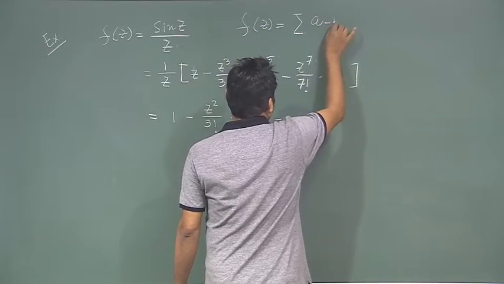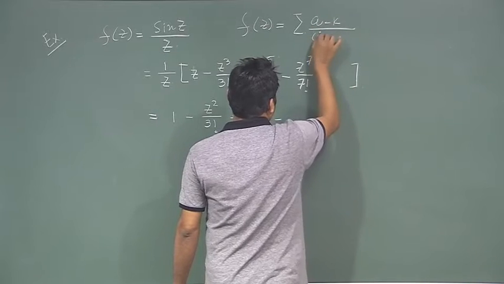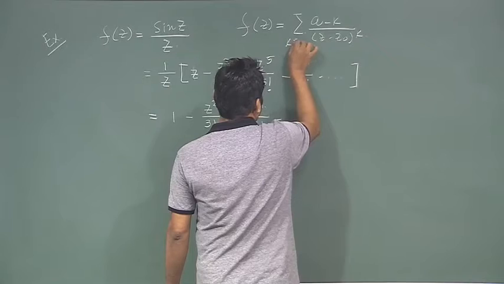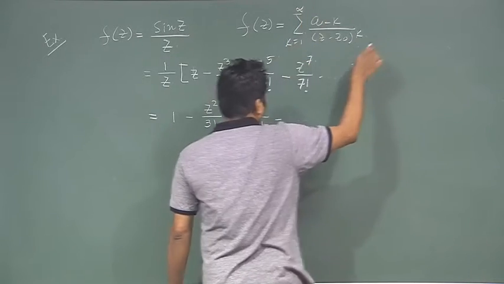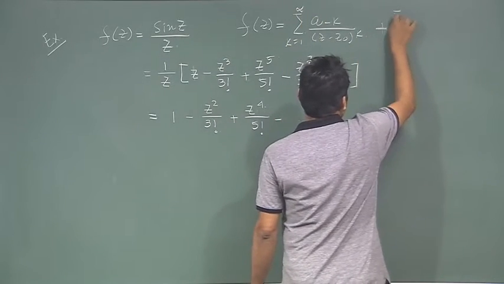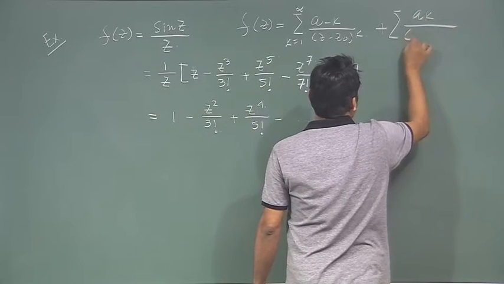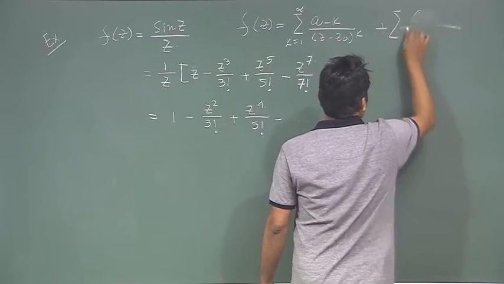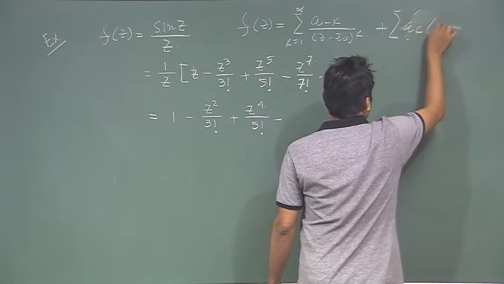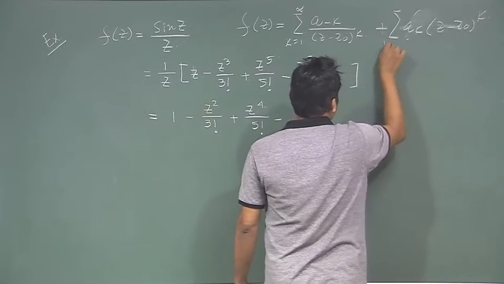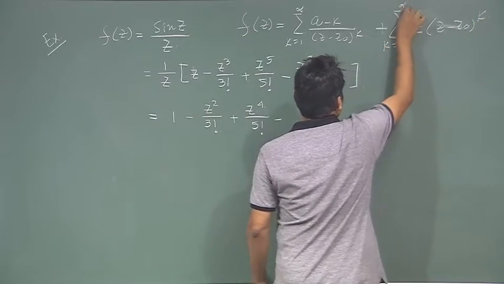It was the sum of a_{-k} divided by (z - z0)^k, where k runs from 1 to infinity, that is the first part, the principal part, and the second part was the sum of a_k multiplied by (z - z0)^k, where k runs from 0 to infinity. So, there are two parts.